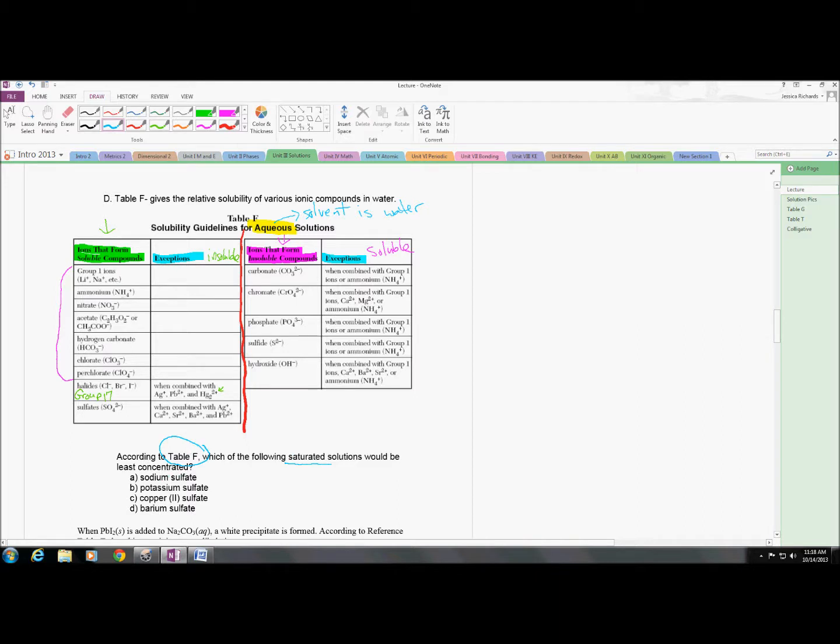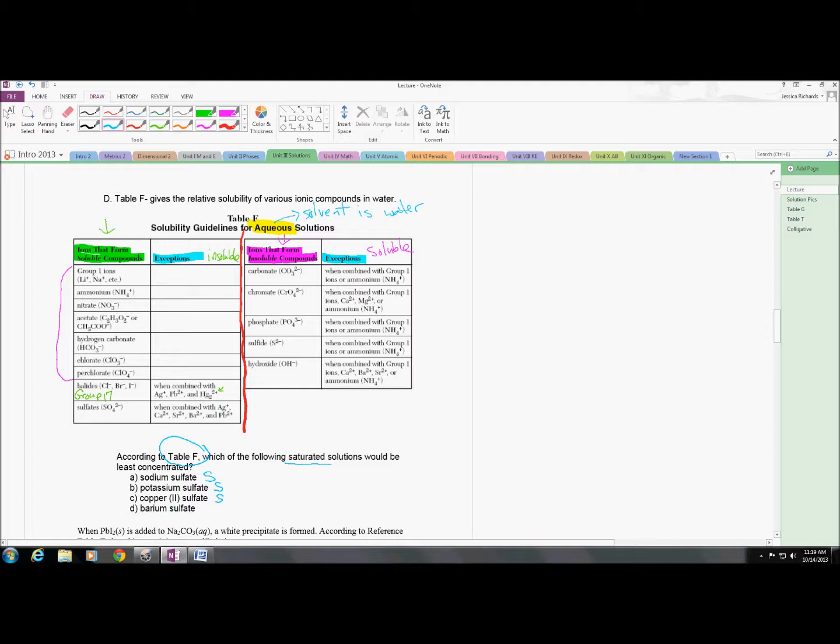Sodium sulfate. Sodium is in group 1. There are no exceptions. It's always soluble. Potassium sulfate. Potassium is in group 1. It is always soluble, so no exceptions. Copper 2 sulfate. I don't have a group for copper, so I have to go to the sulfate group. Here it is down here. Copper 2 sulfate, not in any of my exceptions, so it must be soluble.